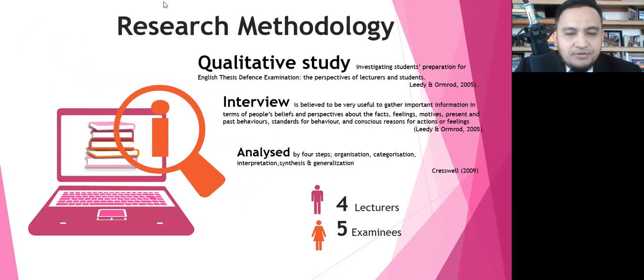And then we collected the data through interviews, because an interview is believed to be a useful way to gather information about people's beliefs and perspectives about the fact.